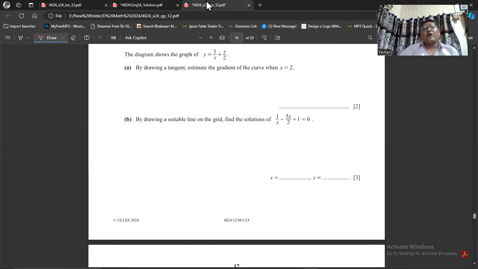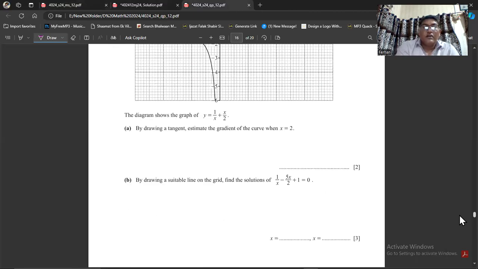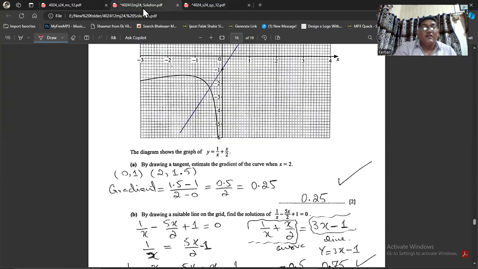Then it says by drawing a suitable line on the grid, find the solution of this equation. So let's check the original equation. In the original equation, you have 1 by x here. That is good. So here you will need an x plus 2. These terms I will take to the other side of the equals sign.